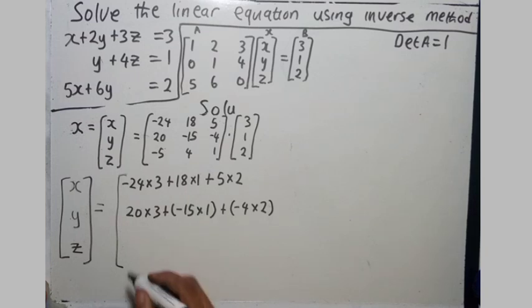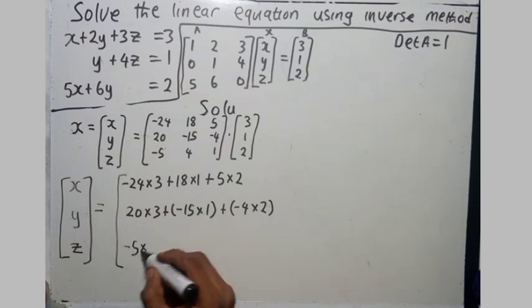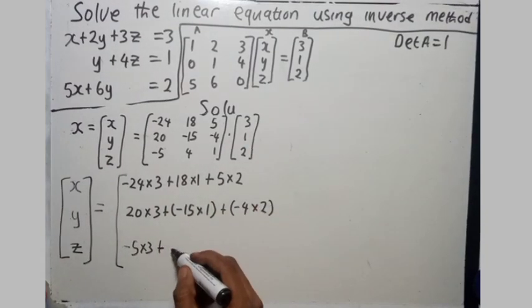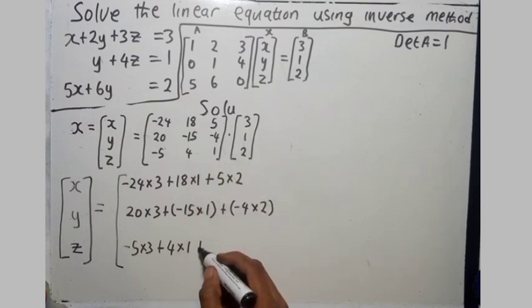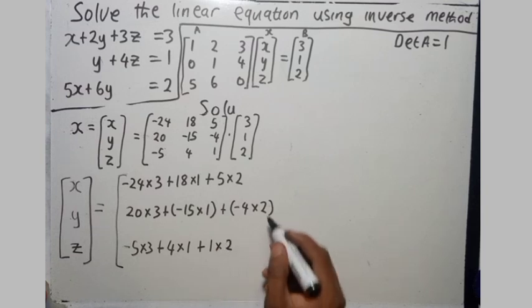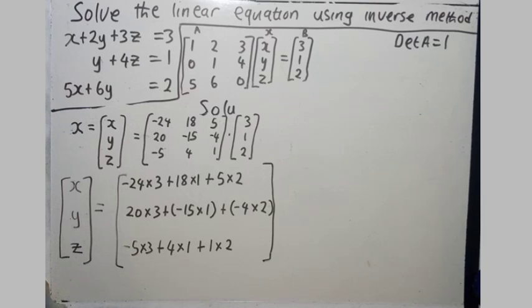For the next one, we'll be having minus 5 times 3 plus 4 times 1 plus 1 times 2. So this will give us our answer.